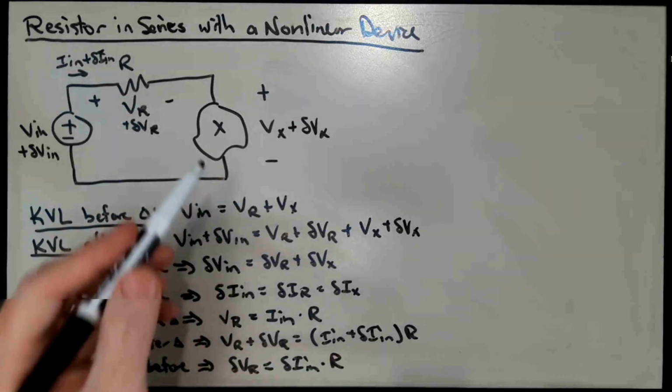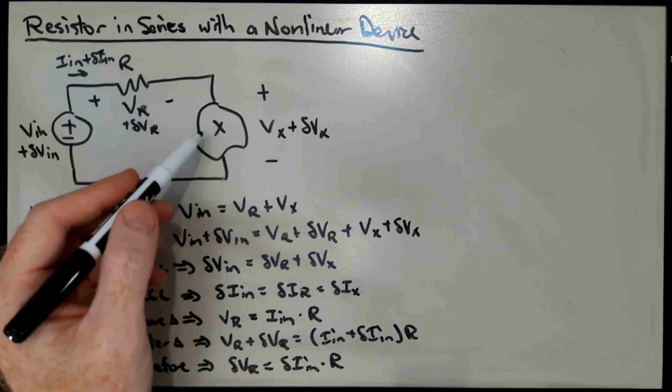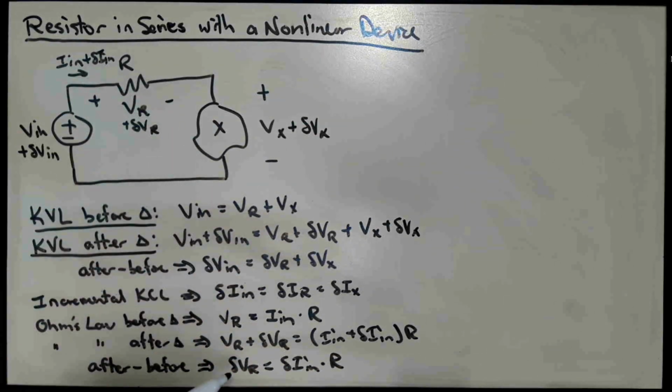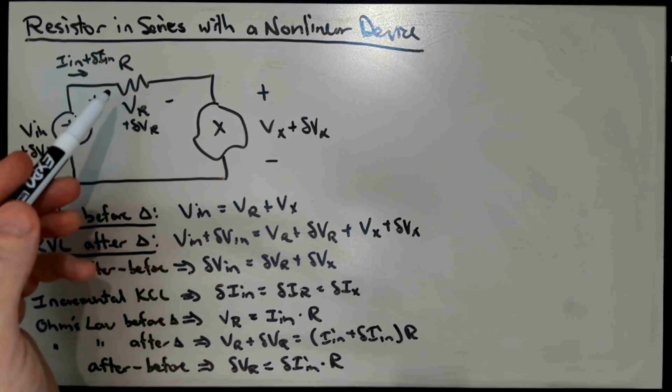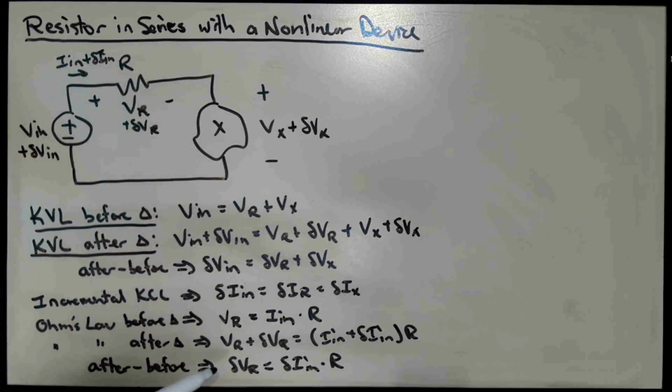If we have an incremental Ohm's law that holds for one of these nonlinear devices, we should have a very similar incremental Ohm's law for a resistor. It's just the same as Ohm's law, except with the changes.